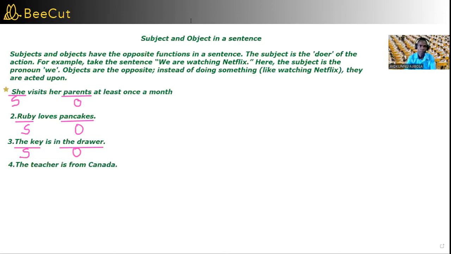So here, somebody is from Canada. That person is the subject of the sentence, while where the person is from is the object of the sentence. So again, I have a subject here and object here.